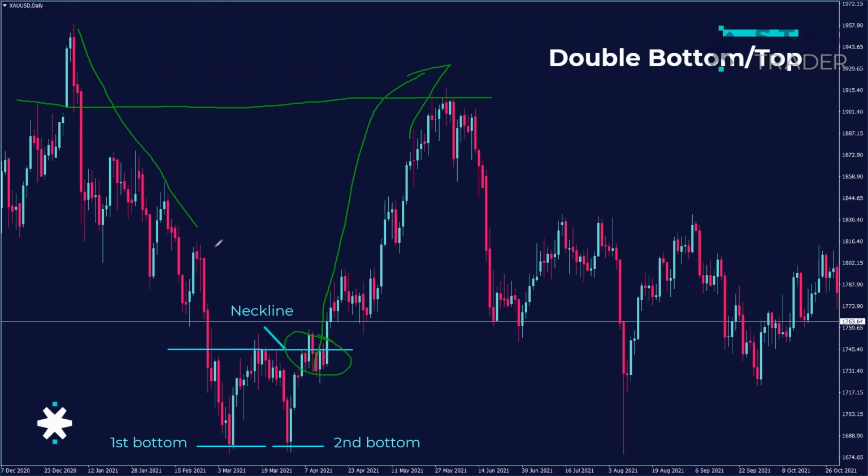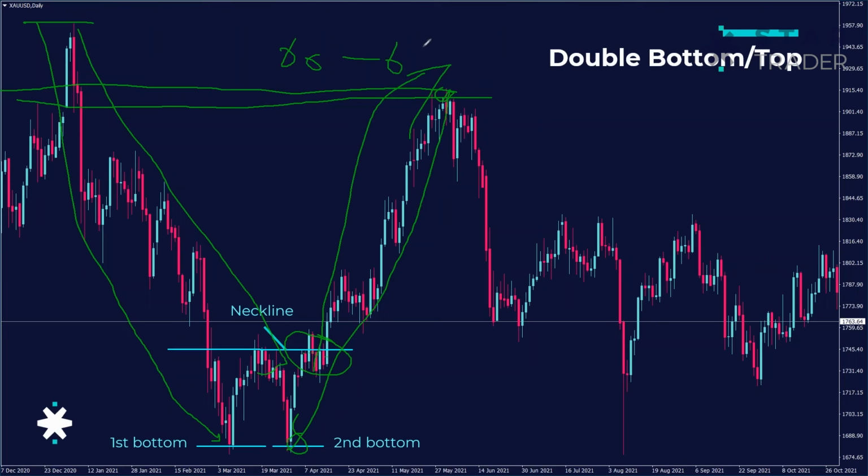So if we measure this drop from this level until here, and then measure this rise from here until here, we will find it is around 60 to 66% of this pattern.